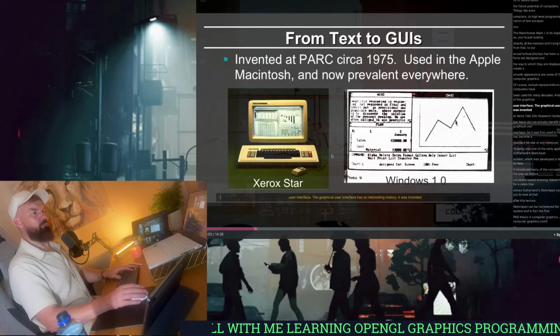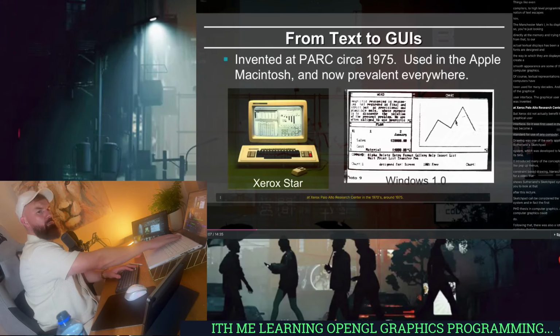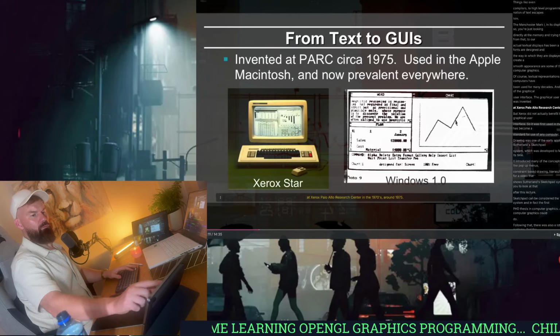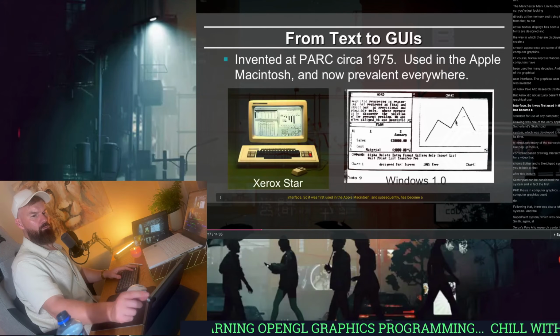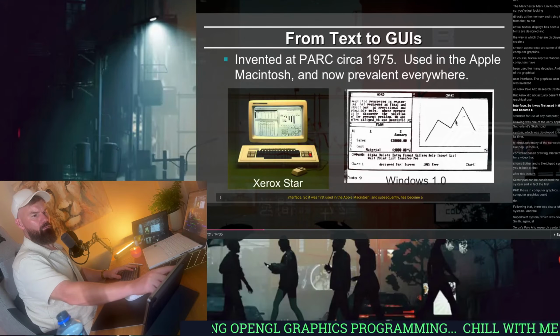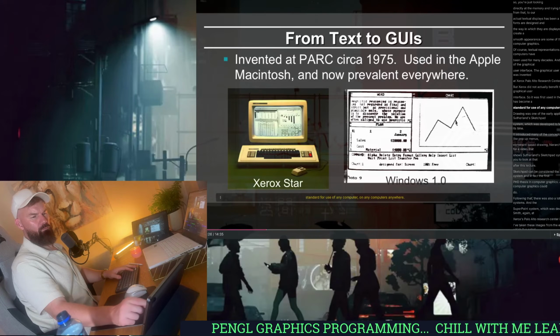The graphical user interface has an interesting history. It was invented at Xerox Palo Alto Research Center in the 1970s, around 1975. But Xerox did not actually benefit the most from its development. It was first used in the Apple Macintosh and subsequently has become a standard for use on any computer anywhere.